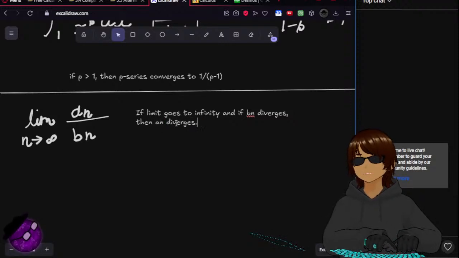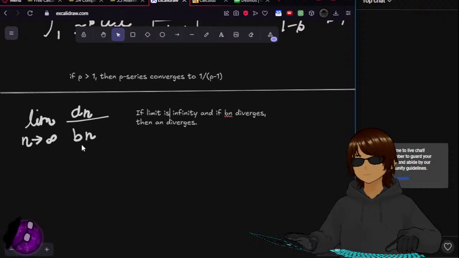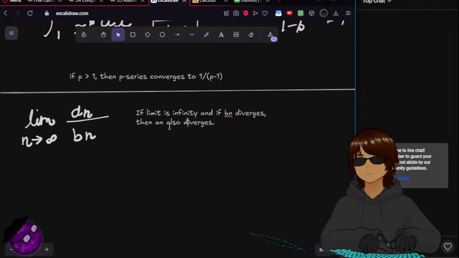So if the limit is infinity, and if bn diverges, then an also diverges. It doesn't make sense for an to converge, otherwise the limit would reach a particular value.